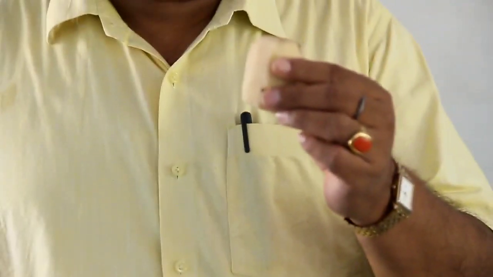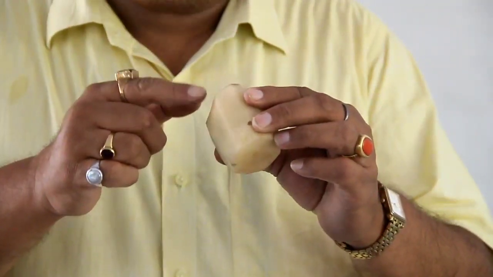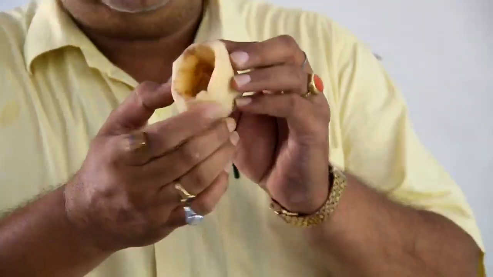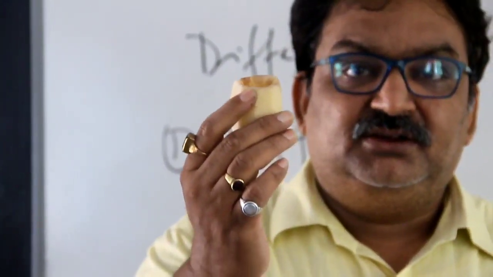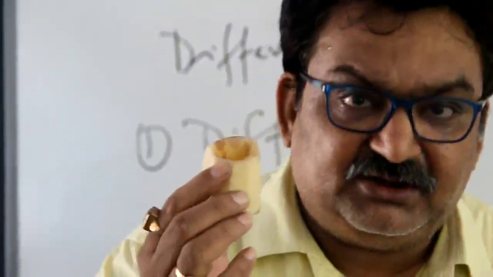I have cut this and made it flat from both ends, and make a deep insertion or a hole in the potato. As you can see, you have a hole here. So this is a potato which has been made this way, and this will work as a potato osmoscope, and it will demonstrate the process of osmosis.